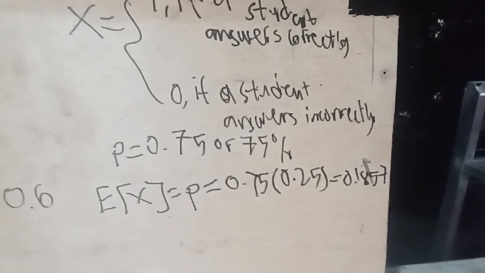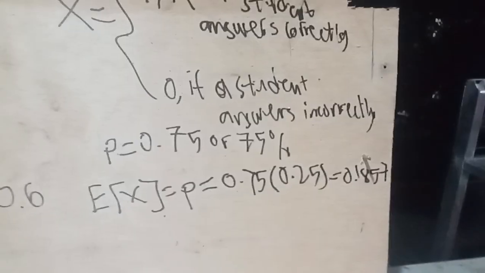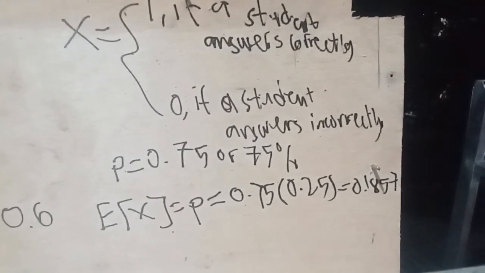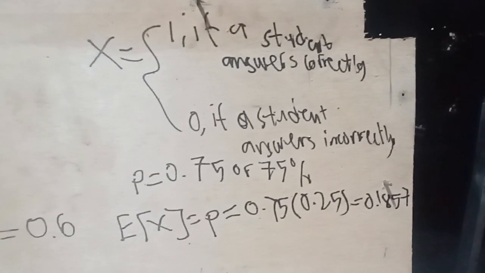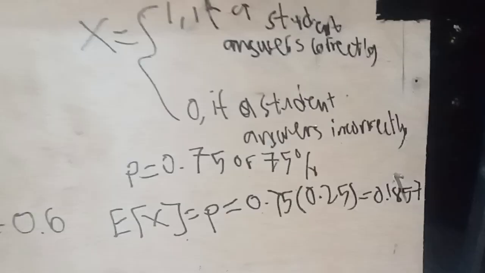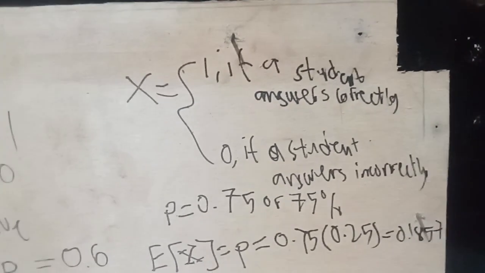So in this result, the student answers correctly with a success probability of 75%, and the failure probability in this example is 25%.